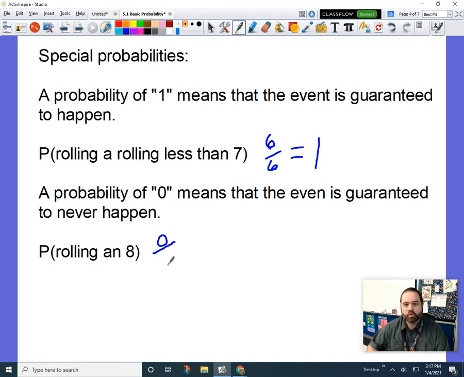So there's 0 successes out of those 6 possibilities. It's not going to happen at all. So these are what I'm calling special probabilities. You've got the possibility that something is always going to happen or that it's never going to happen. Everything else in between is a fraction greater than 0 and less than 1. So those are all your possible probabilities, 1 being guaranteed, 0 being never.